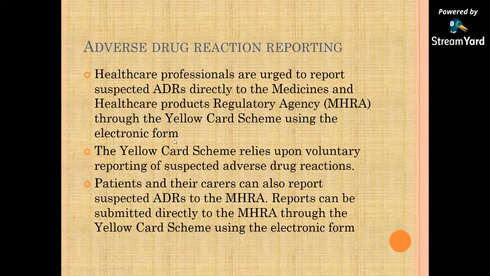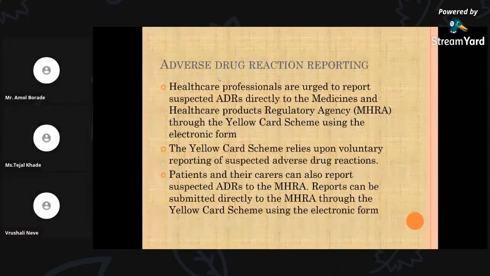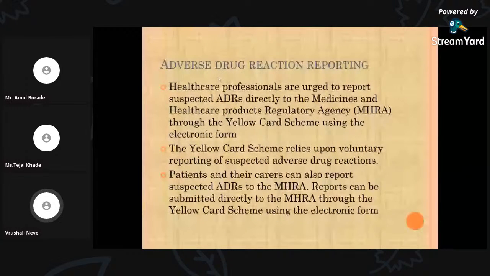So all types of doctors, medicine manufacturers, pharmacists, okay, and how will they report? They will report to the yellow card scheme by using the electronic form. So this is the process of how we report the adverse drug reaction to MHRA. And what is MHRA? Medicines and Healthcare products Regulatory Agency.